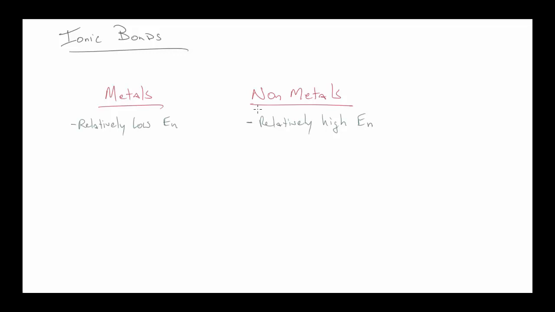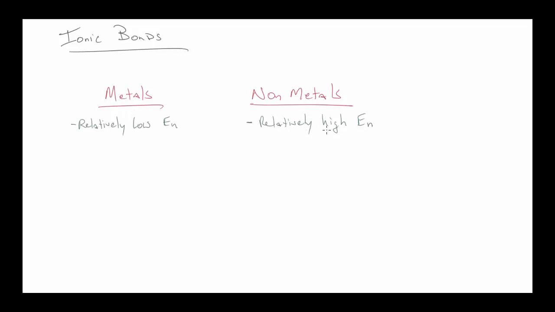Metals on the left side of the periodic table all have relatively low electronegativity values compared to the elements on the right side, where the nonmetals are found. It's the same definition, but we have to understand the meaning behind what it means to be a metal. Metals generally have relatively low electronegativity values, and nonmetals have relatively high.